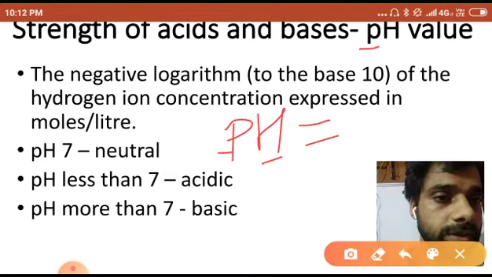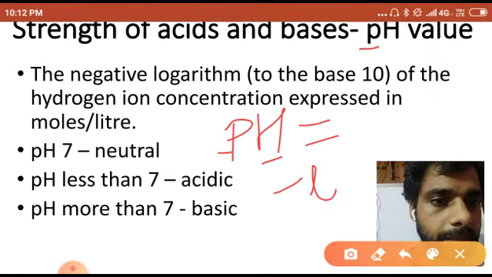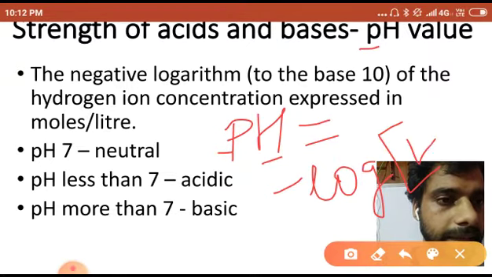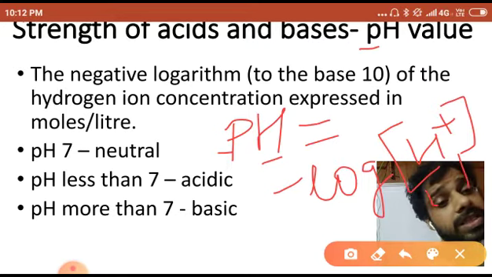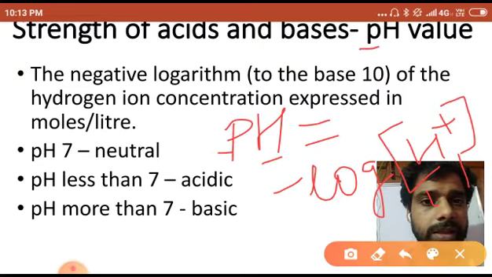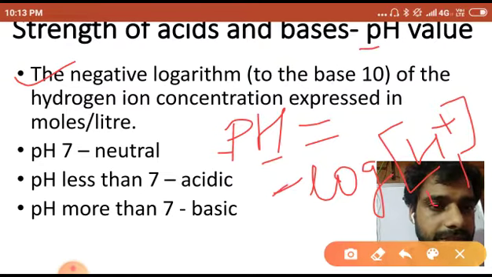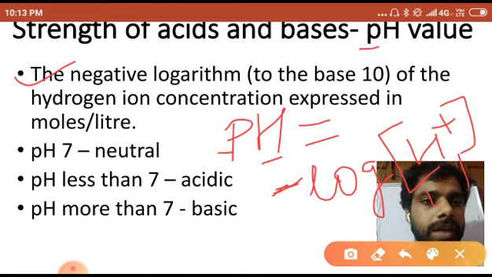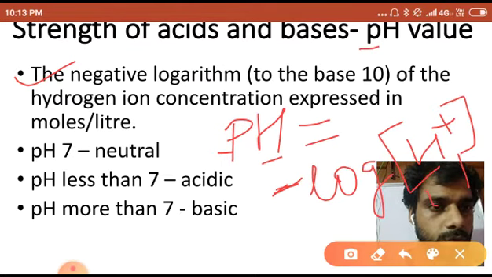Okay, so that gives you pH, and the formula you can see is minus log of this bracket H plus, and this bracket is known as concentration. Okay na? Concentration. So this one is the formula, and how can we define it? This is the negative logarithm to the base 10.